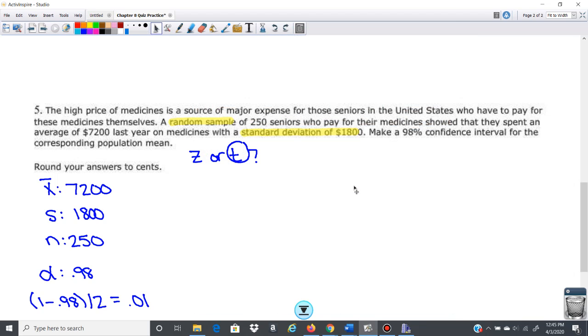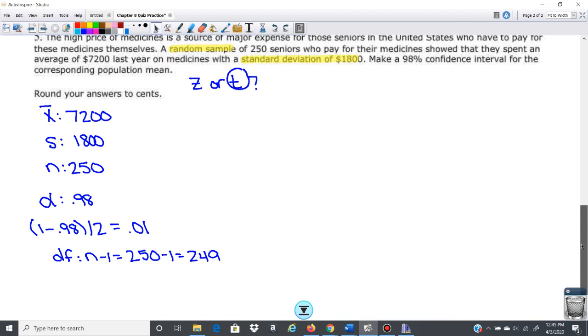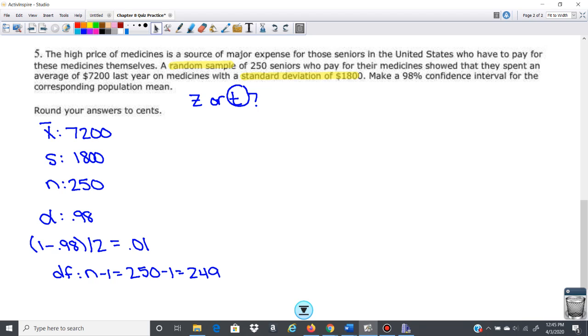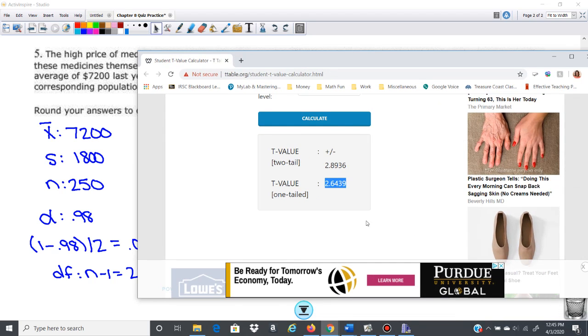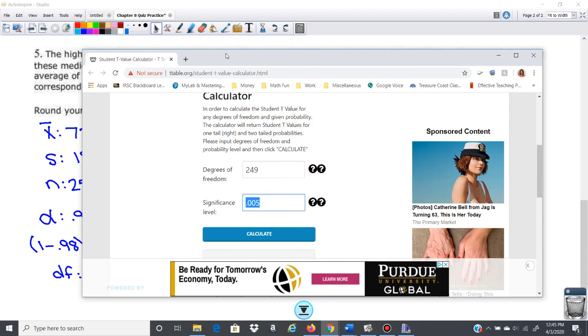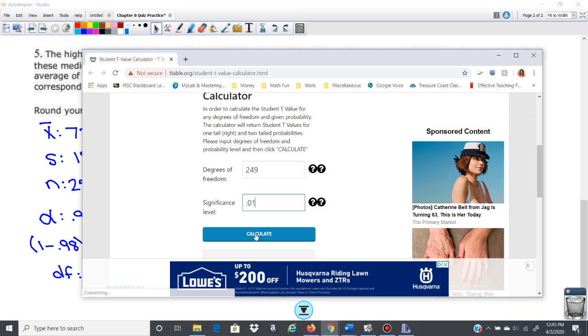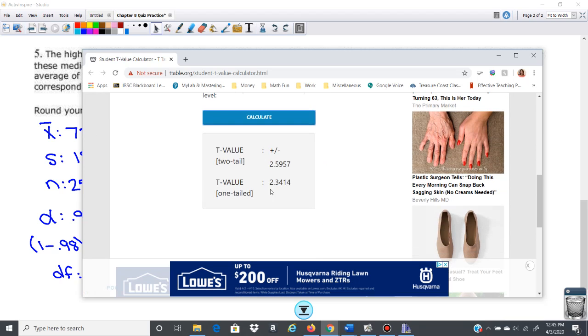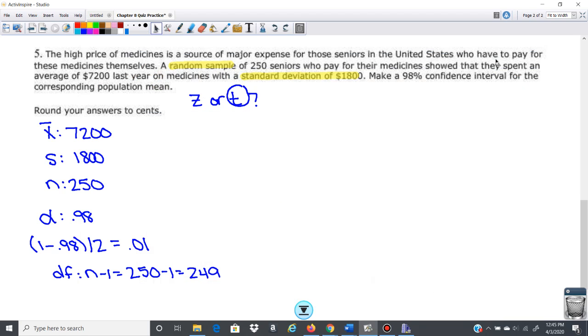Like I said in our previous video, you can use a T calculator online. So if I come over here, this T calculator, I've got a degrees of freedom of 249 and a significance level of 0.01. Let's see what that gives us. So one-tailed, we already did the divided by 2 to get one-tailed, so 2.3414. All right, so that's what we're going to use for our T value here.